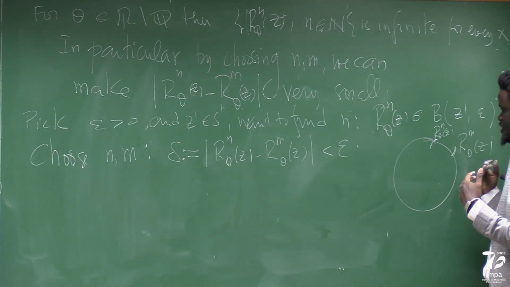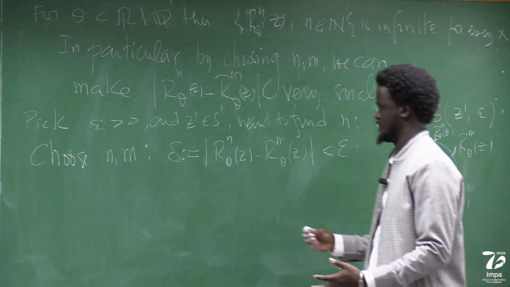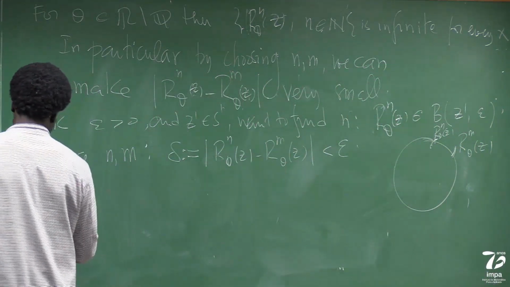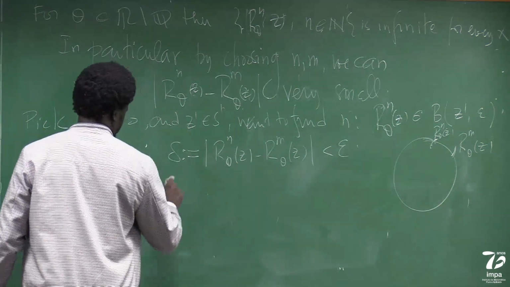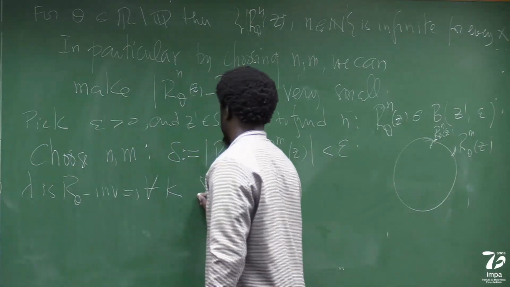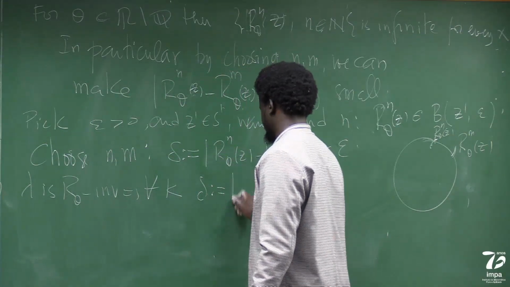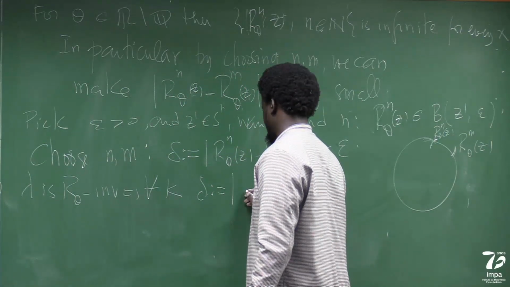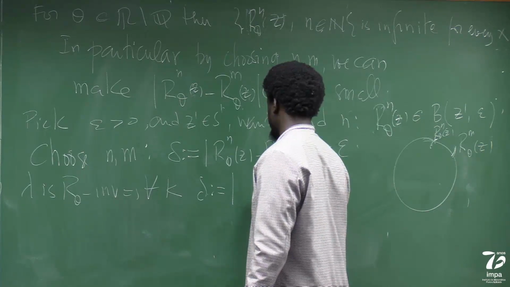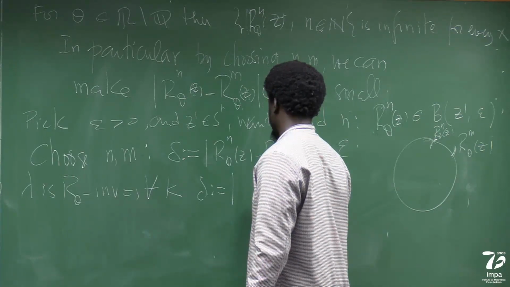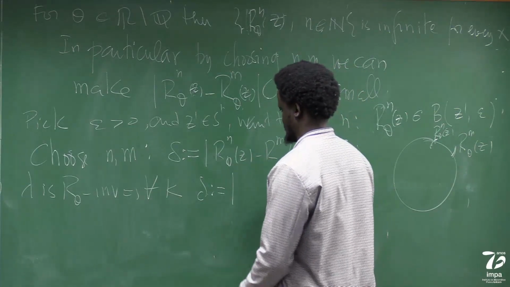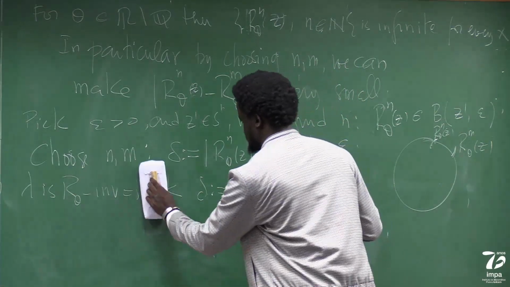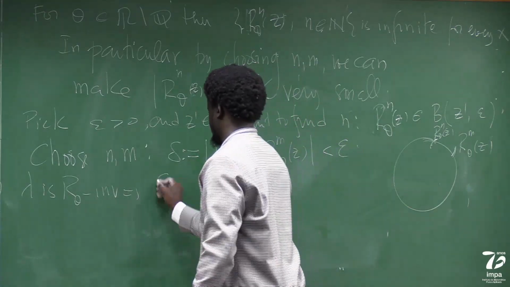So Lebesgue measure lambda is R_theta invariant, for every k. The distance between R_theta^(n-m) z and z is the same delta.